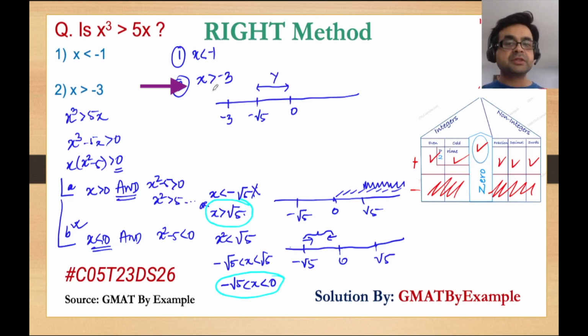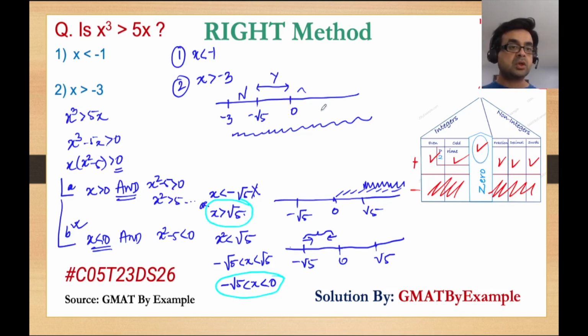The statement gives us x is greater than minus 3. It doesn't tell me where exactly, but x is greater than minus 3. So x could be somewhere here where I get a no to the asked question. Right in between, I get a yes to the asked question. And anywhere here, I get a no to the asked question again.